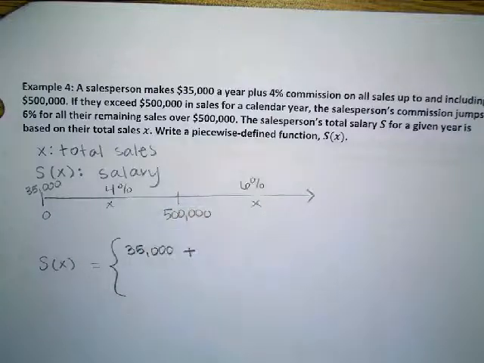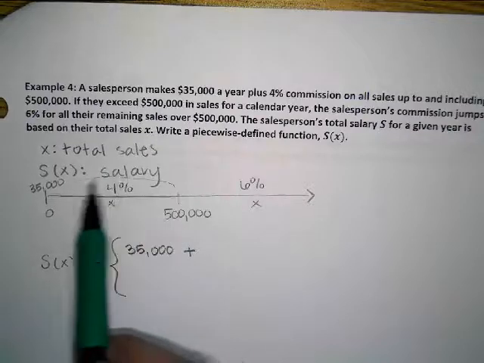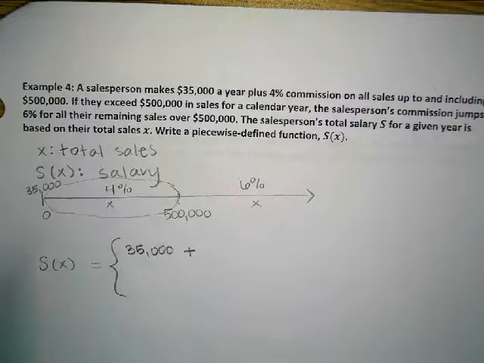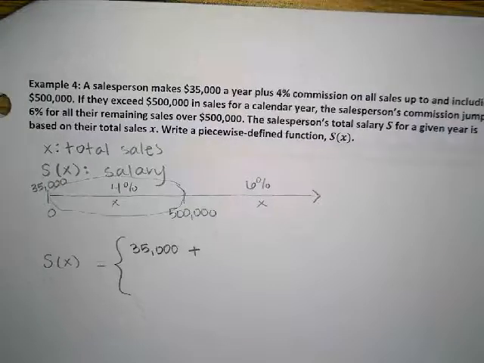I want you guys to see if you can write the first piece. So can you write this? See if you can write that first piece. So we know it's 35,000 plus something.